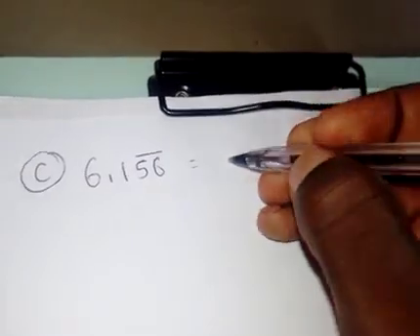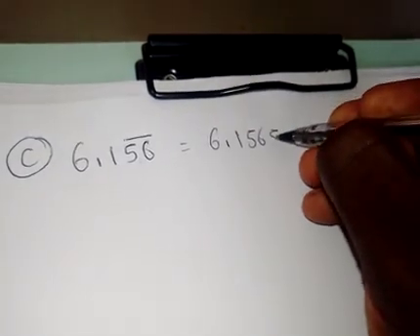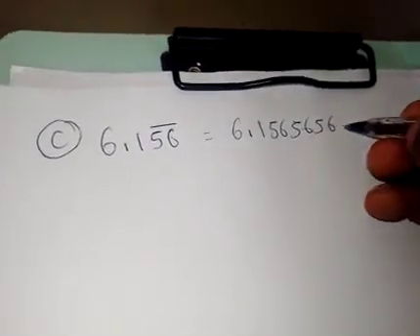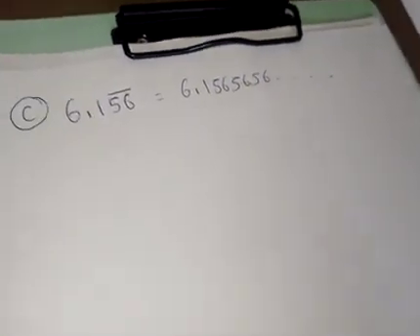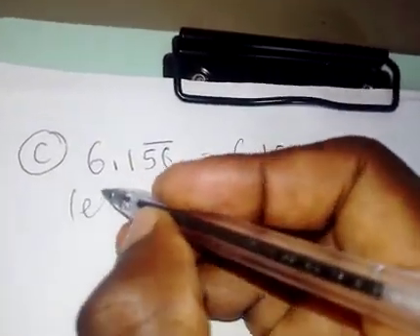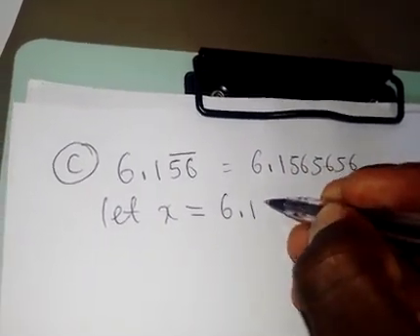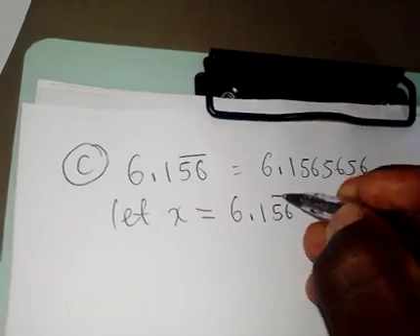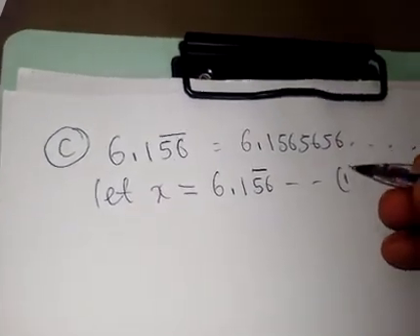So this can be written as 6.1565656 and so on, with 5656 being repeated. So first step again, you let x be equal to what you have been given, 6.156 with the bar on top, your first equation.